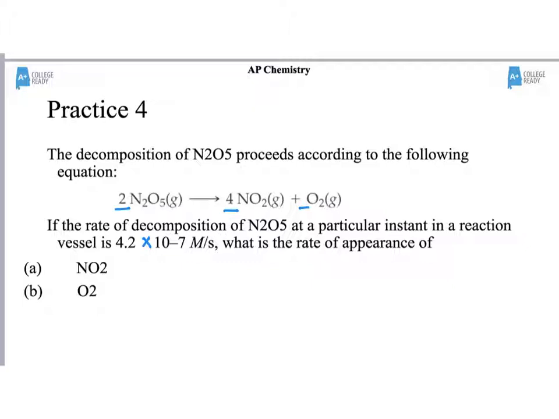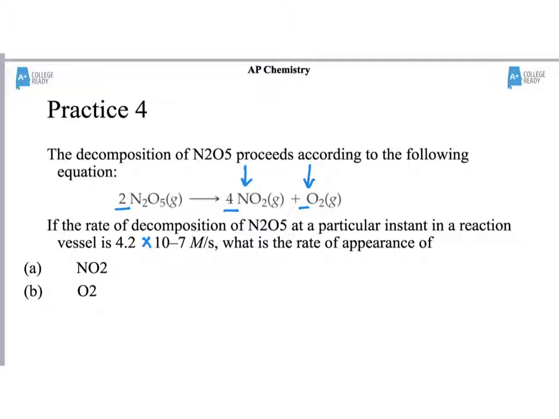This is going to be the fastest. Why? Because it's got the largest coefficient. Which one's going to be the slowest? Oxygen. Why? Because it's got the lowest coefficient. What about the dinitrogen pentoxide? It's going to be in the middle. Why? Because its coefficient is in the middle.